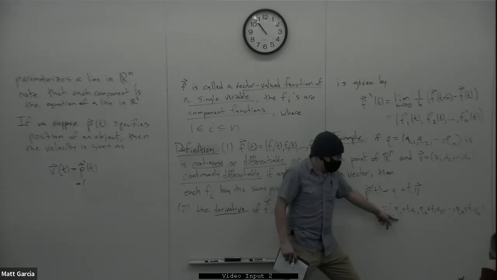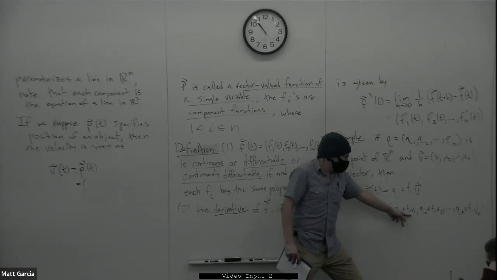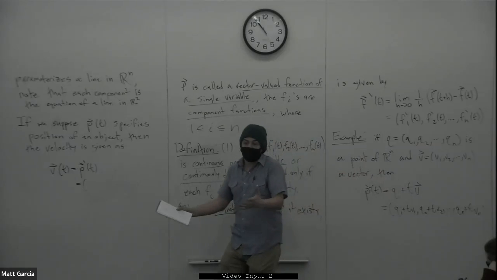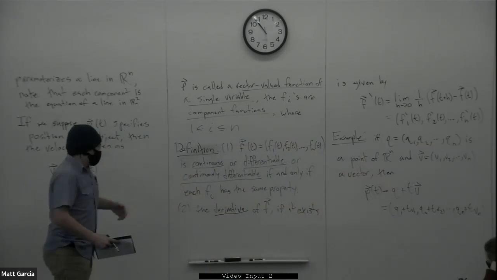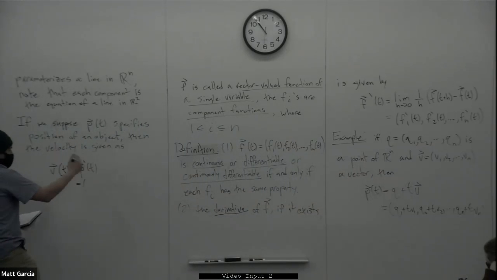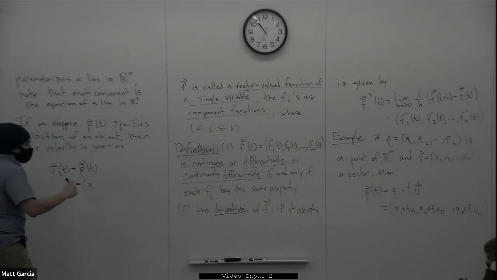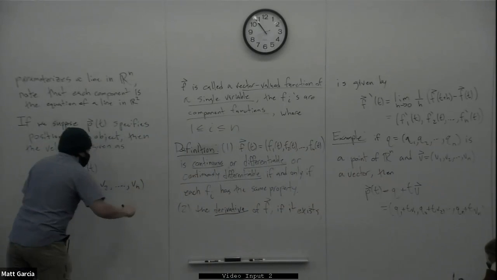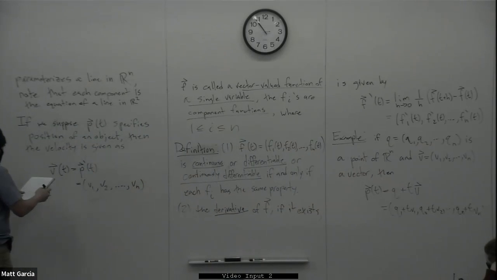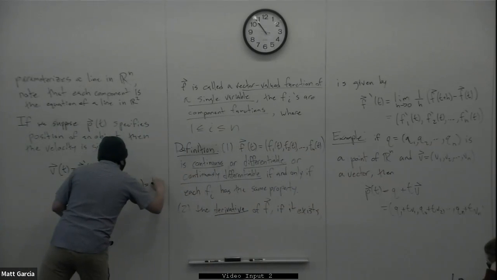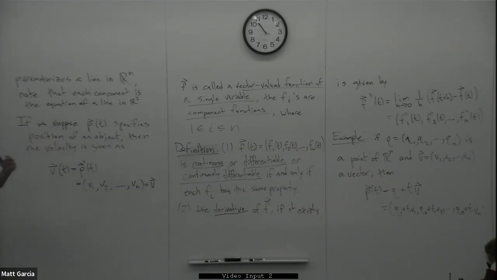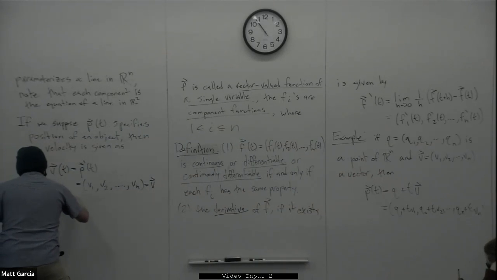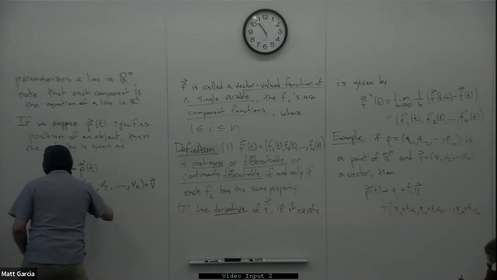And then differentiating t v1, this is the same old power rule from calculus 1. So t goes to 1, so we just get the constant term v1. How about the second component? It's just v2. Which is just equal to our original vector v hat, a constant vector.